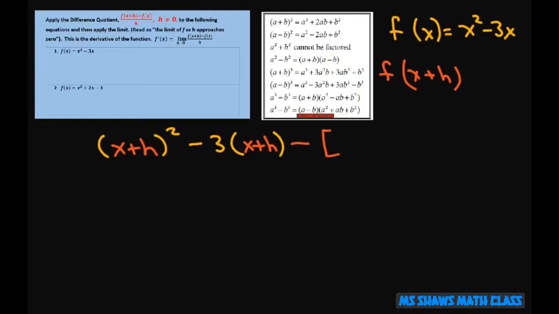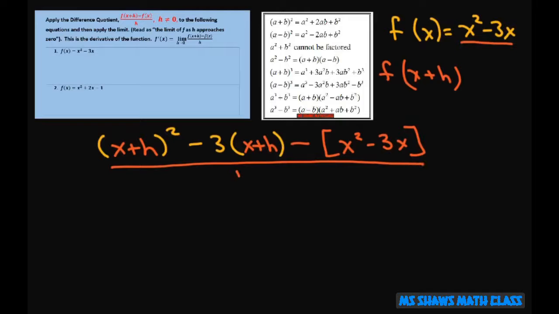Minus your whole equation, which is x squared minus 3x. All right. And that's all divided by h. And then we apply the limit as h approaches 0.